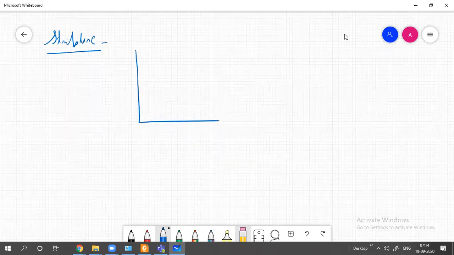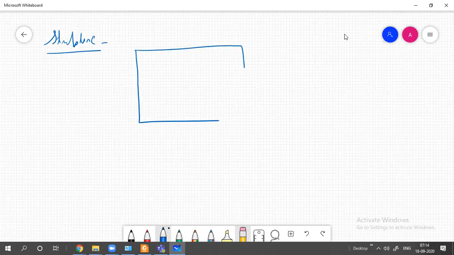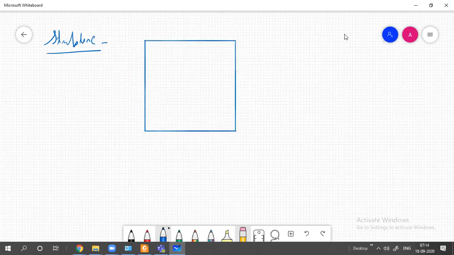Yesterday we were discussing the problem of the strip line, the microstrip line. We have a strip line with a center conductor.